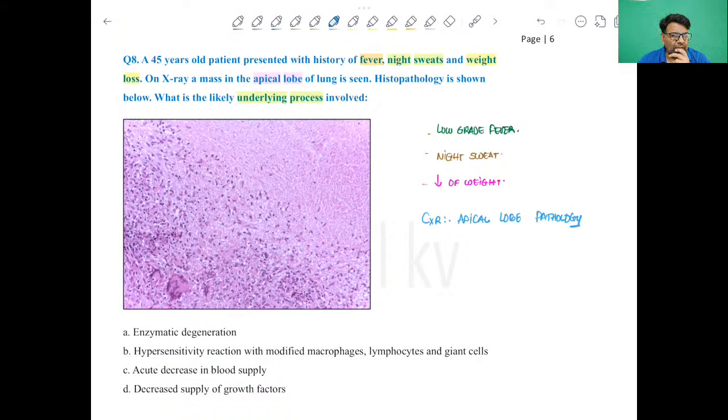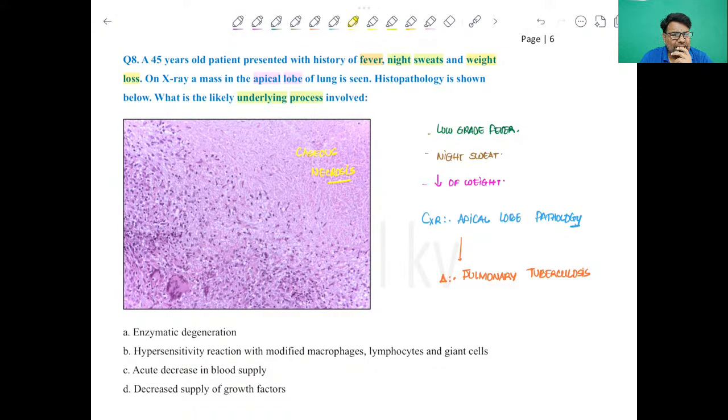Yes Varsha, absolutely right. This all goes in favor of the clinical diagnosis of pulmonary tuberculosis, right? And now what do we see in pulmonary tuberculosis? Obviously we see caseous necrosis. Clear?